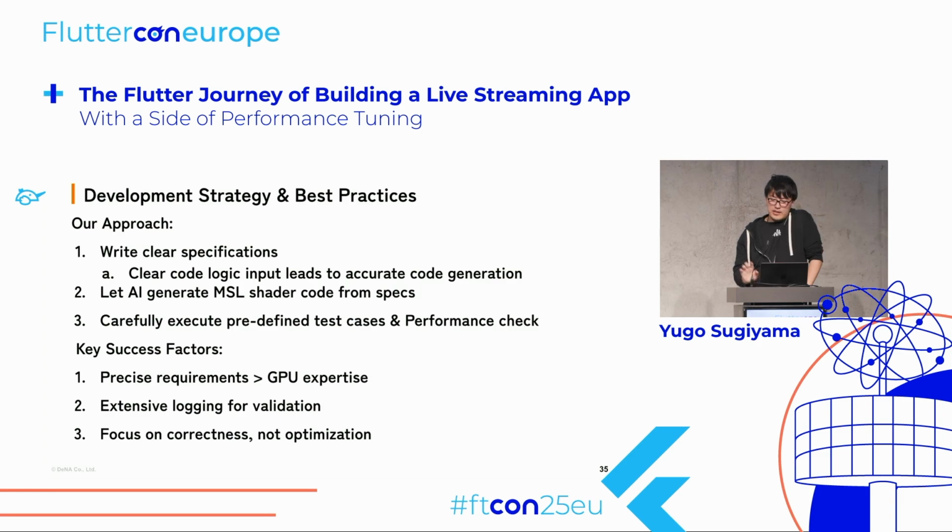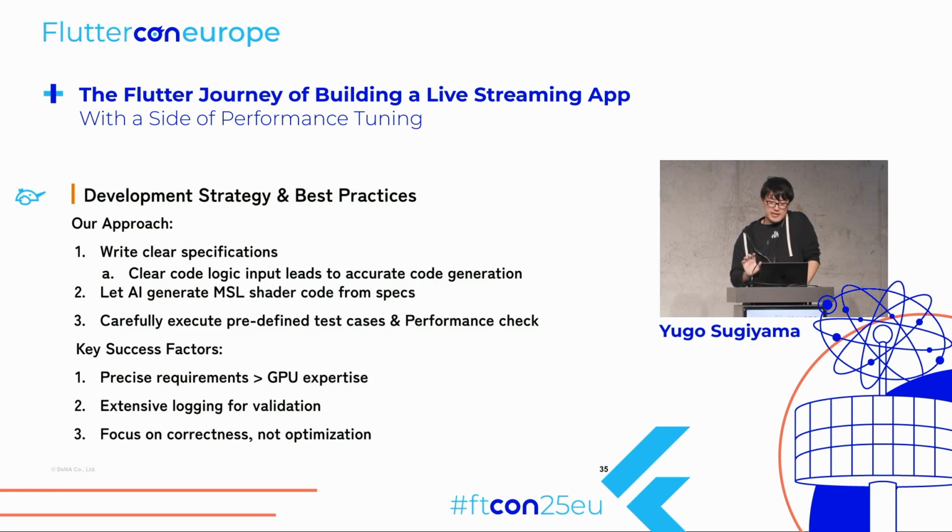First, we wrote a clear specification in advance. We created the test cases before coding and clearly documented what behaviors to verify. For example, we explicitly defined how the game and streamer frame size, position, and aspect ratios should behave in each case.